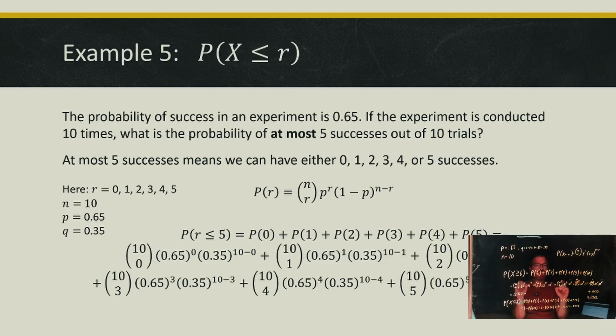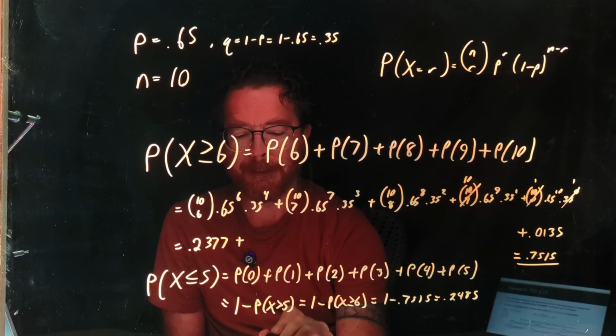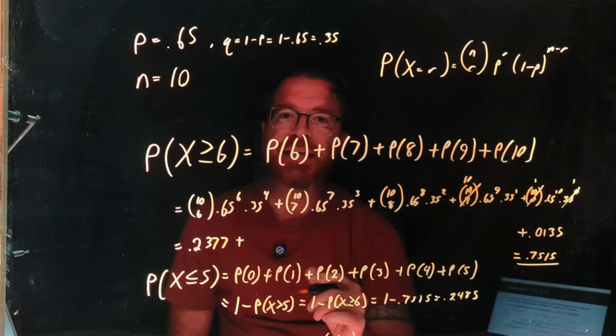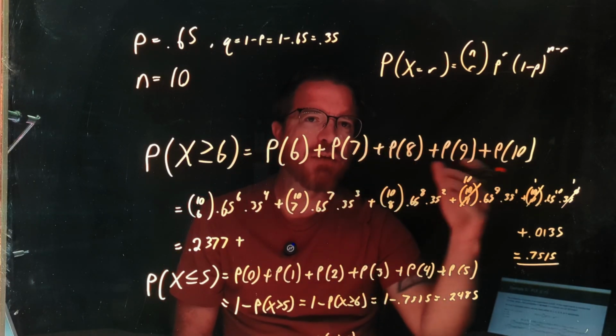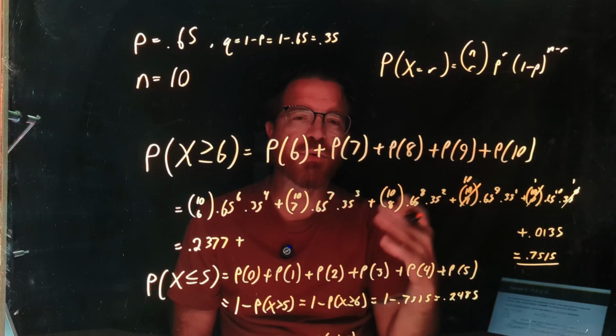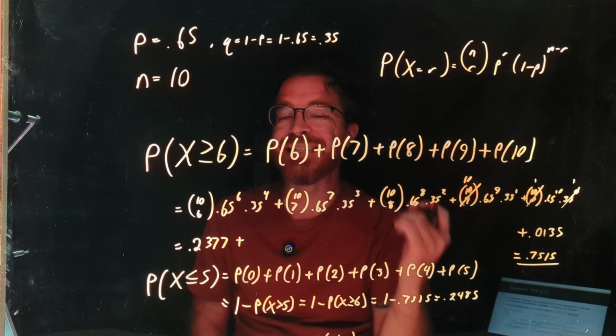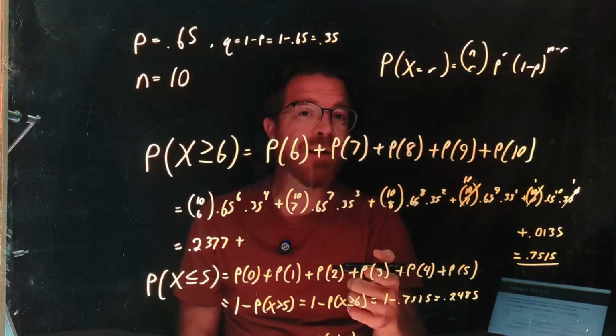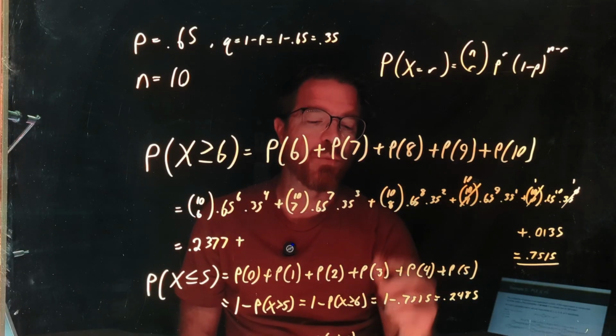So just as a really quick example, let's say that you had n equals 20. And I asked you to find the probability that x is greater than or equal to 2. Well, in that case, you'd be looking for the probability of 2, 3, 4, 5, 6, 7, 8, 9, 10, 11, 12, 13, 14, 15, 16, 17, 18, 19, and 20. Or you could say everything except the probability of 0 and 1.